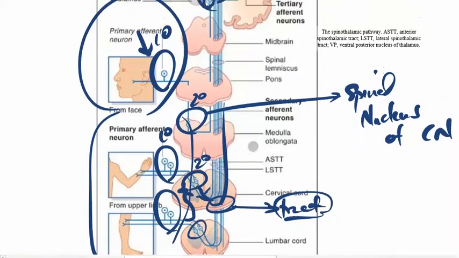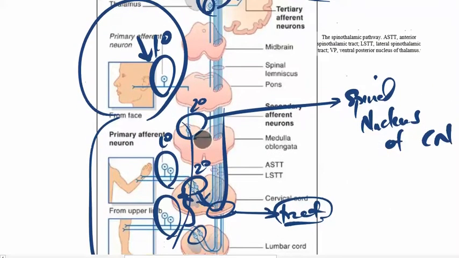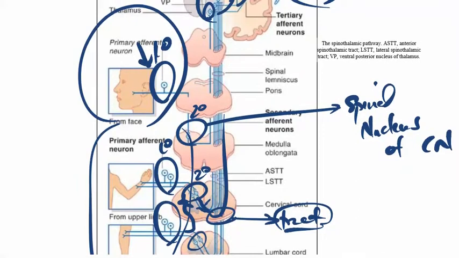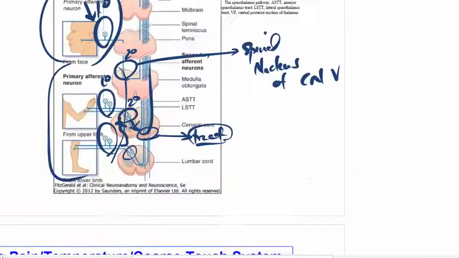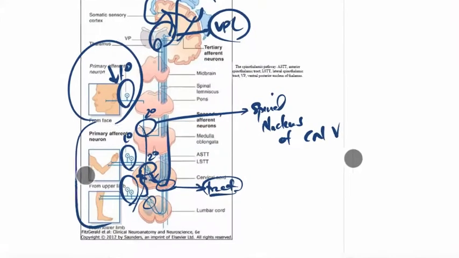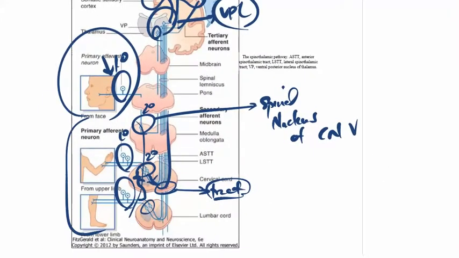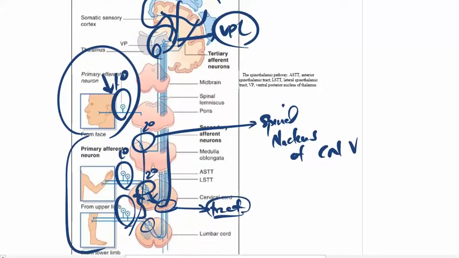So the primary neuron is located in your trigeminal ganglion, and the secondary one is located in the spinal nucleus of cranial nerve 5. Right? So there are differences, and then the tertiary neuron will be in the VPM as opposed to the VPL, right?